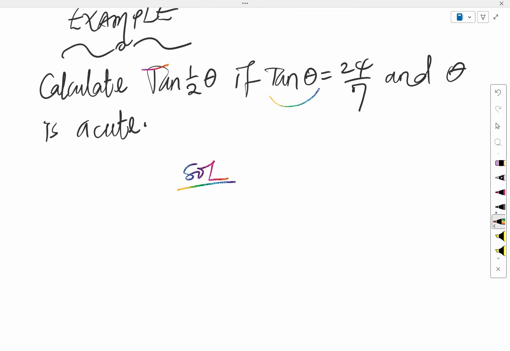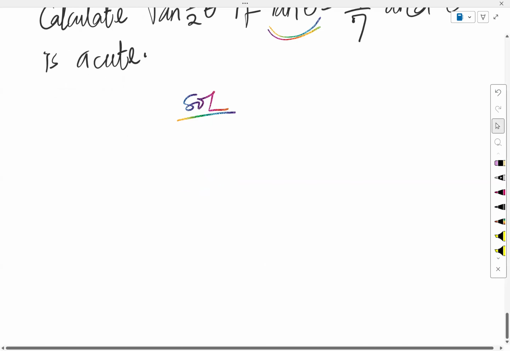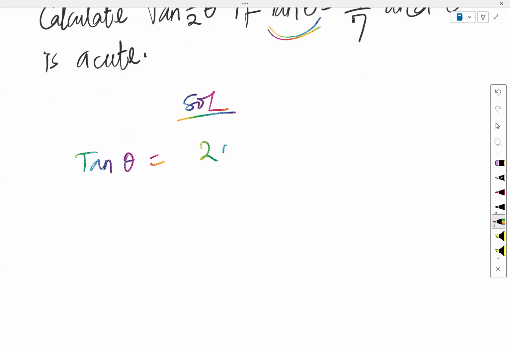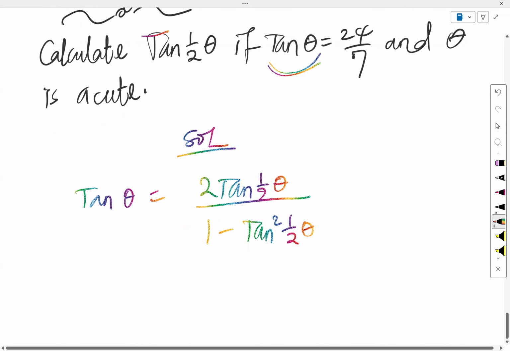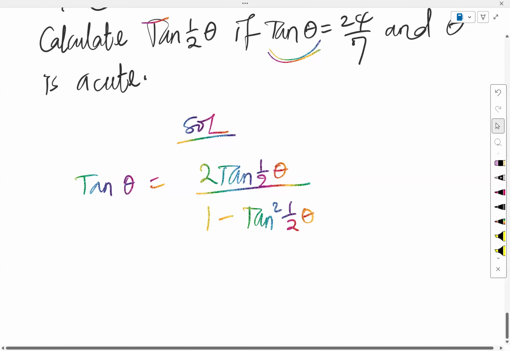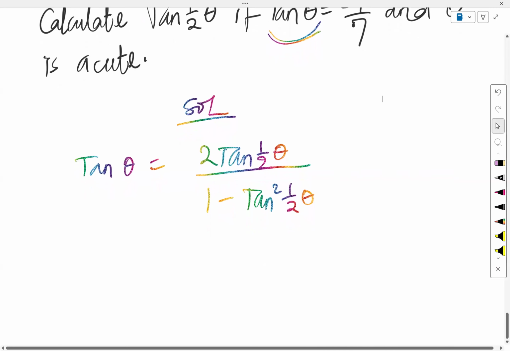So it means that you need to be able to express tan theta in terms of tan half theta, like we've already seen. So we know already that tan theta is the same thing as 2 tan half theta all over 1 minus tan squared half theta. Now, of course, we can do the transformation, right?